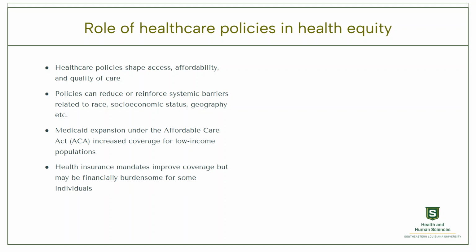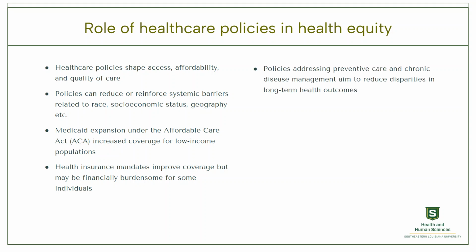There was a time when they had this individual mandate where people had to have some form of insurance, or there would be some kind of penalty for not having it. The Supreme Court was able to strike that down, but that would have been a financial burden for those who chose not to have health insurance if it hadn't been struck down.